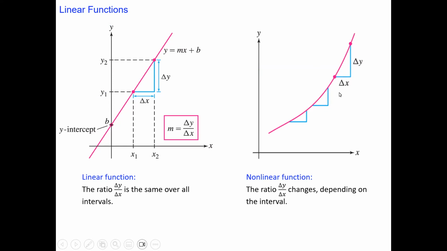We may also later in calculus class try to calculate the slope of the curve. But that will be a little bit more complicated process. However, we will make it simple. At the moment, we can say that for nonlinear function, the ratio dy dx changes, depending on the interval.